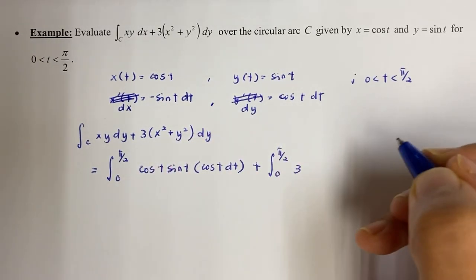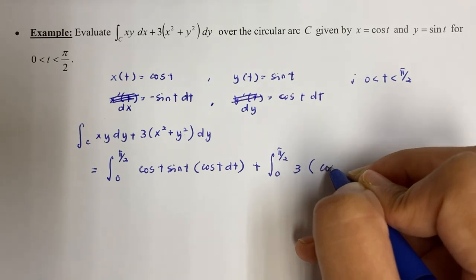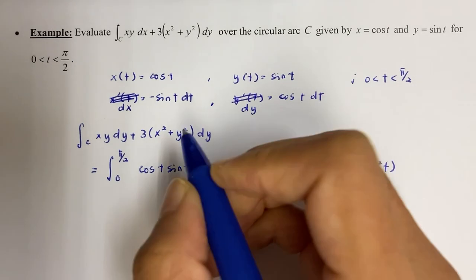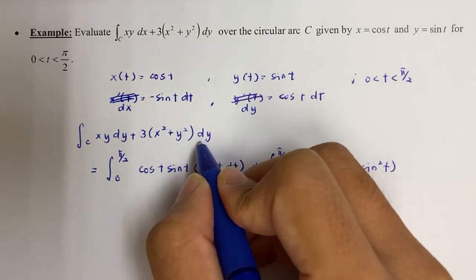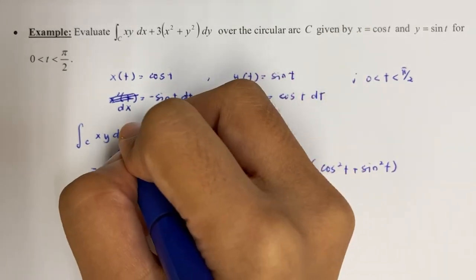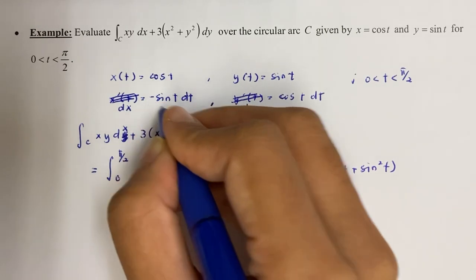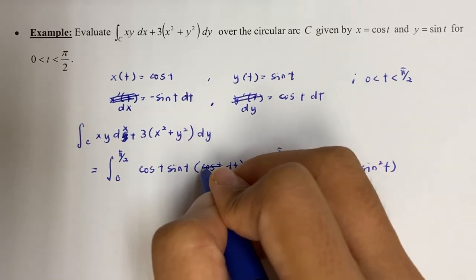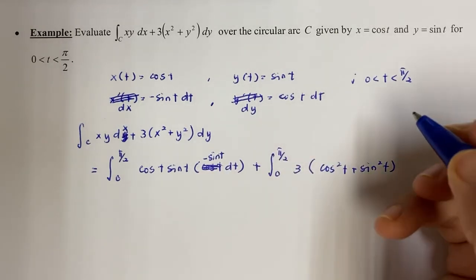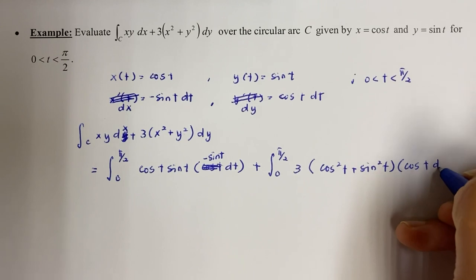Plus the integration from 0 to pi over 2, you have 3x square plus y square. x square plus y square is cos square t plus sin square t. And my dx, sorry, this is dx. My dx is negative sin t dt, so my dy is cos t dt.